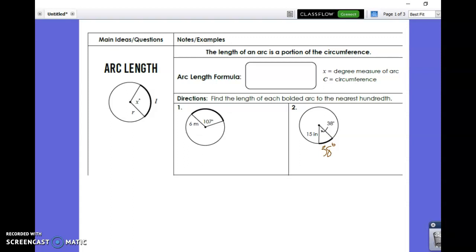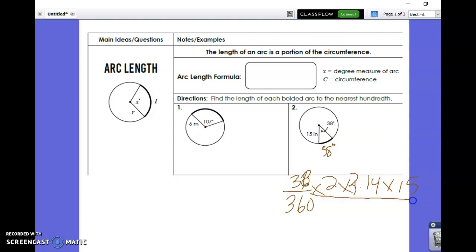That's going to be 38 over 360, sorry about that, and then times again the circumference, which is 2 times pi, which is 3.14, and then times the radius, which is 15. Basically 2 times 15 is 30.